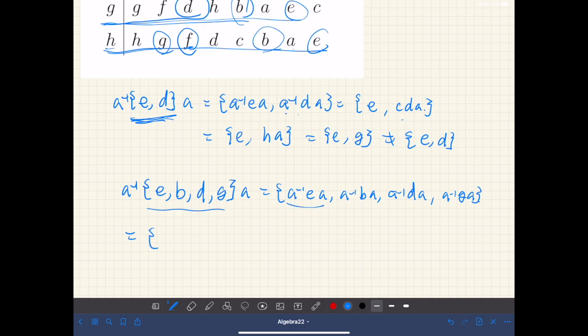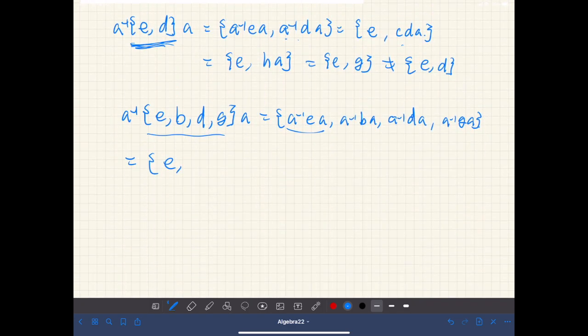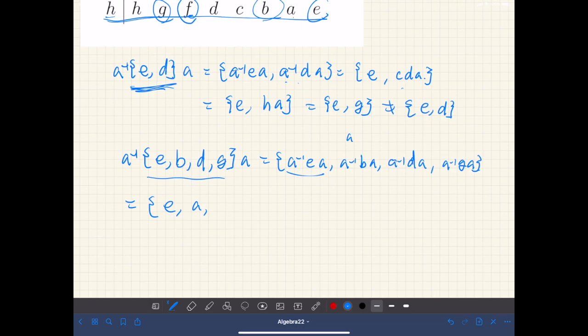So this is just E, and A inverse is C. So CBA. CB is E, and E times A is A. And so A inverse is C. Okay, so CDA.